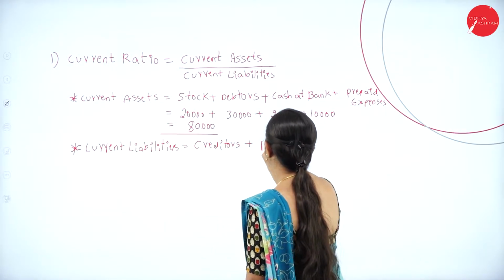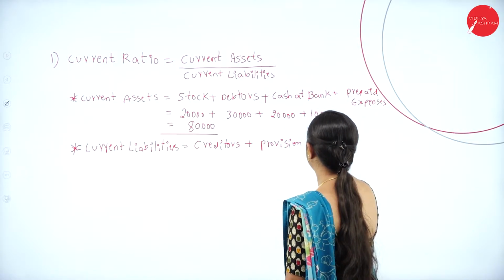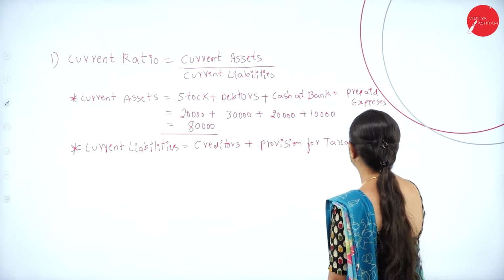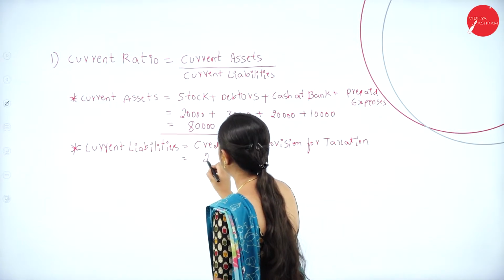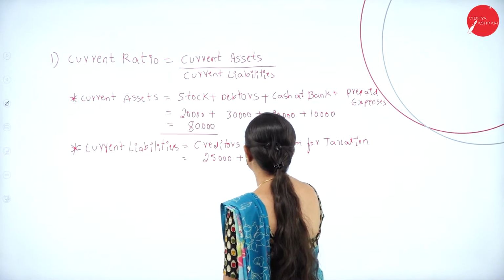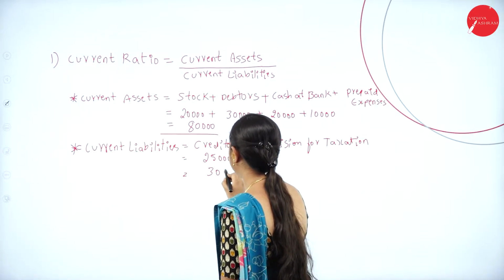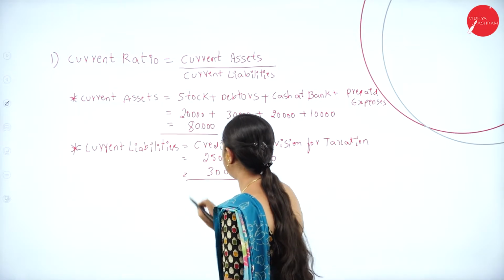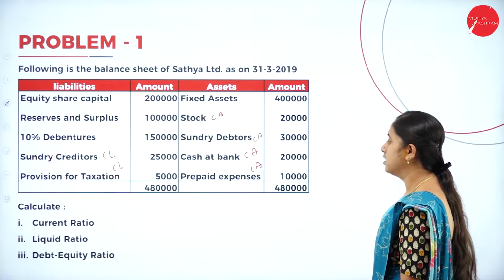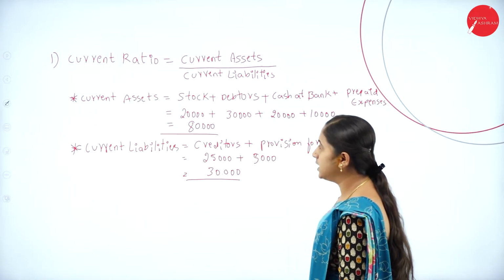Creditors is 25,000 plus provision for taxation is 5,000. Total 30,000 is current liability. Now we have current assets and current liability.